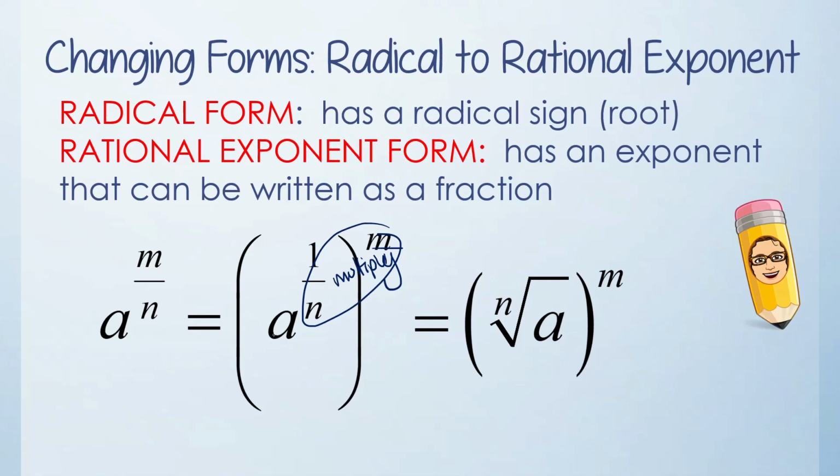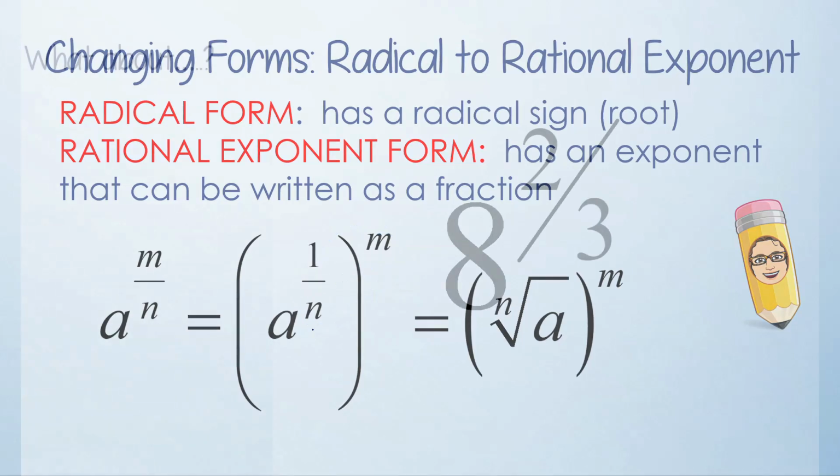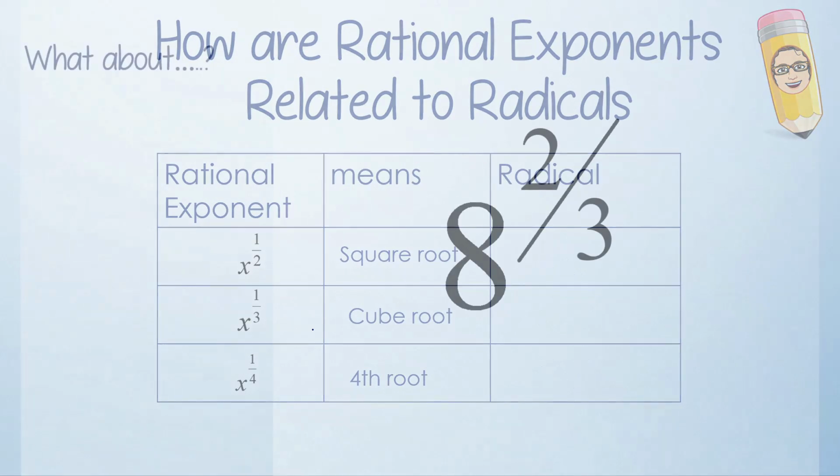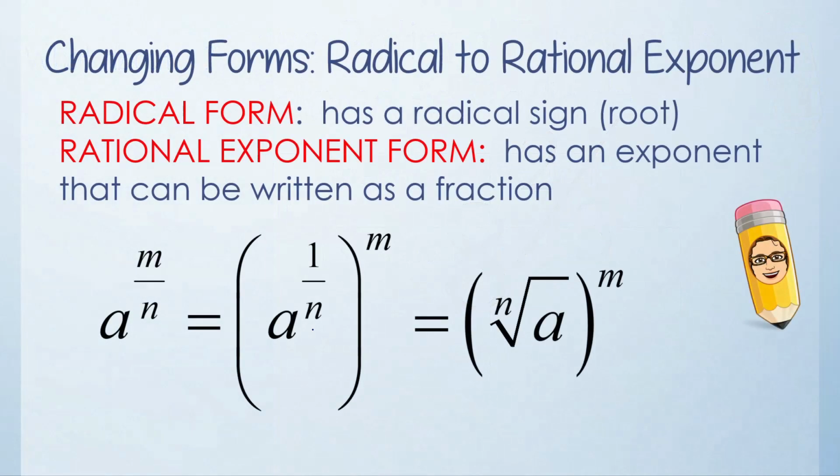And we said a to the 1 over n is just the root with that denominator as my index. So I can write the base with a root of the denominator, and that m is just going to still sit out in the front.